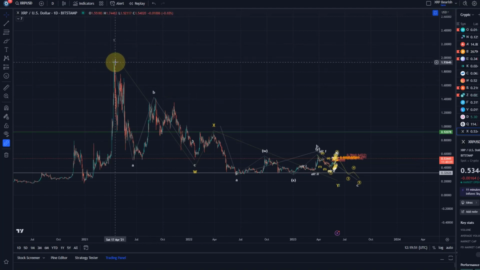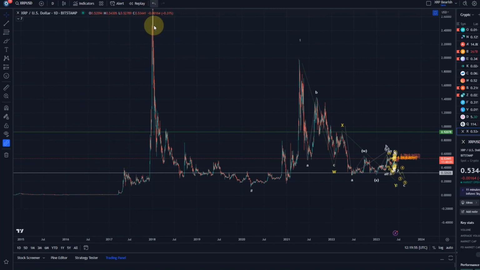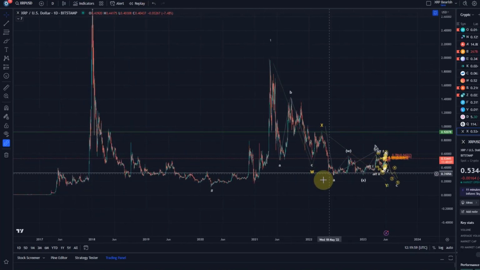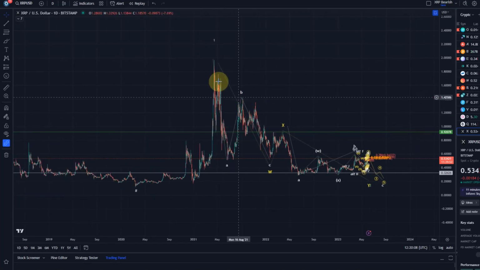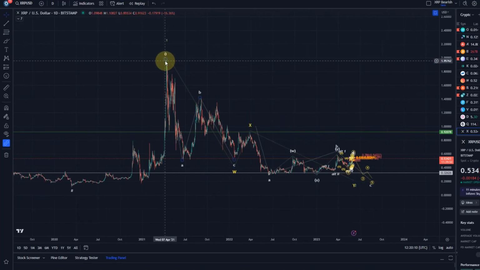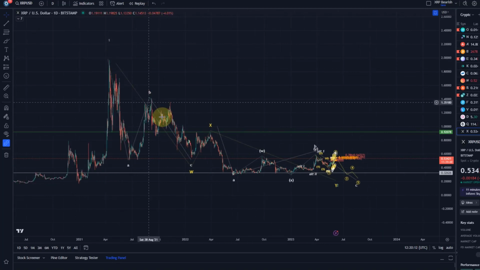Now, I just want to show you, I'm counting it as a 1-2-1-2 setup. That would be invalidated if price breaks below the 12-cent level, which is the wave 2 low of March 2020. The movement from the 2021 high, I'm counting as a WXY complex correction.